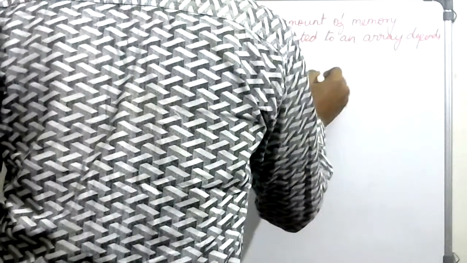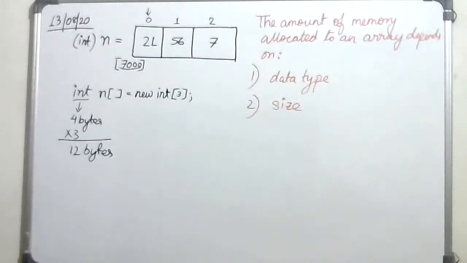Number one, the data type of the array, obviously, and number two, the size of the array. So remember these 2 points.